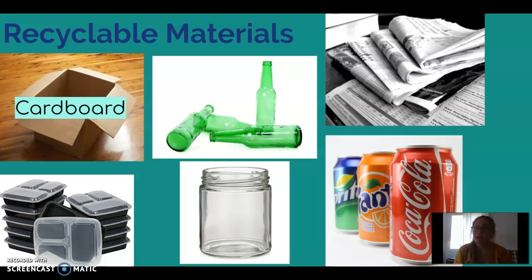Also, sometimes when you are at the grocery store, you will see that fruits and vegetables are sometimes held in a cardboard box. So cardboard is our first recyclable material.